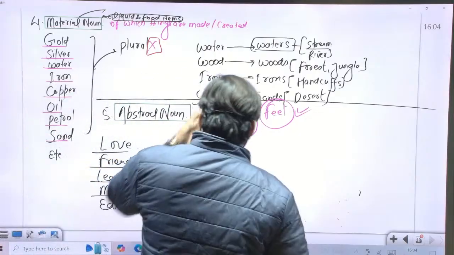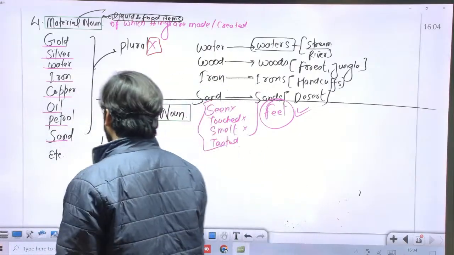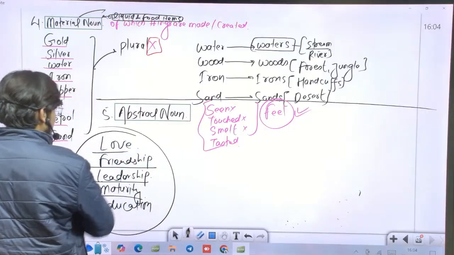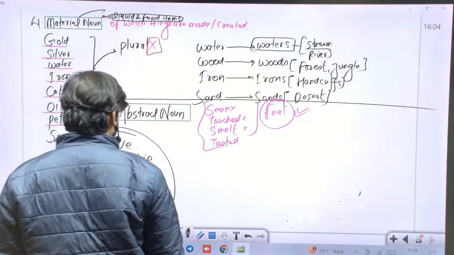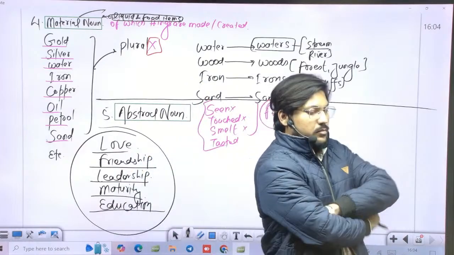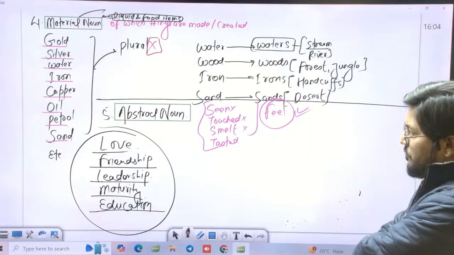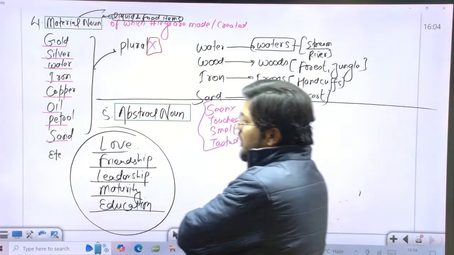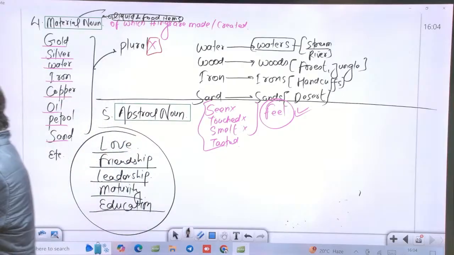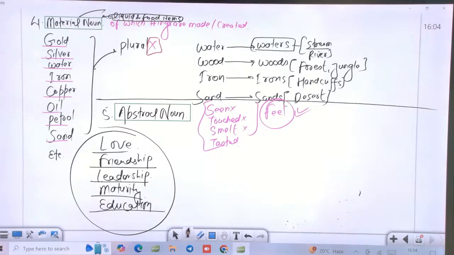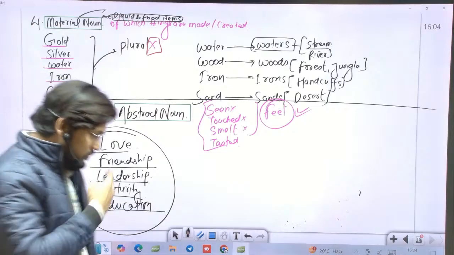And so on. So we can only feel them, like love, friendship, leadership, maturity, education, pride, and there can be so many nouns. Effectiveness, impact. So these all are known as abstract nouns.